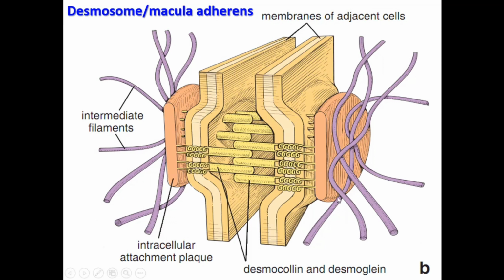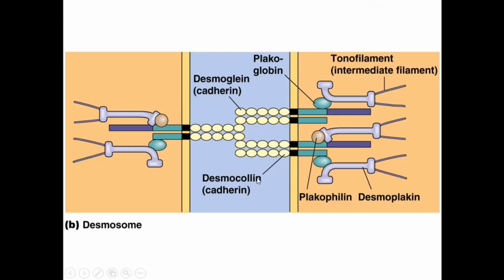Again, we can see in this schematic picture the cadherin proteins. You can see here cadherin protein, the desmocollin, and aggregation of some proteins like plakoglobin, plakophilin, and desmoplakin. These proteins make disc-shaped structures and attach from the other side to the intermediate filaments.